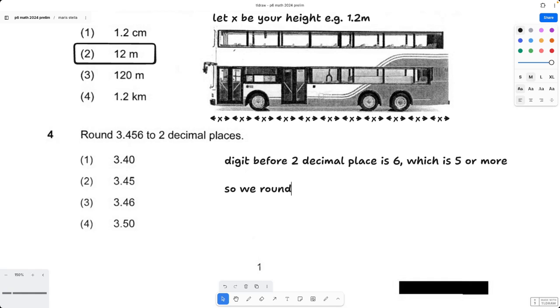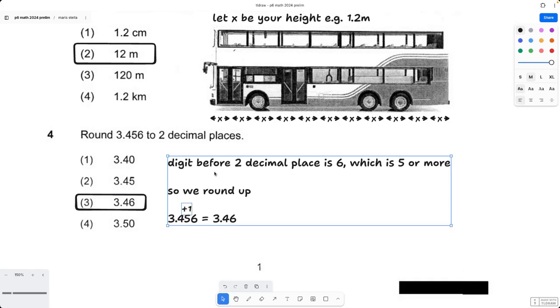So we round up, right? That means 3.456, we will round up, plus 1 to the 5 over here. So this will then be 3.46. So there you go. The answer is 3.46, which is option number 3.